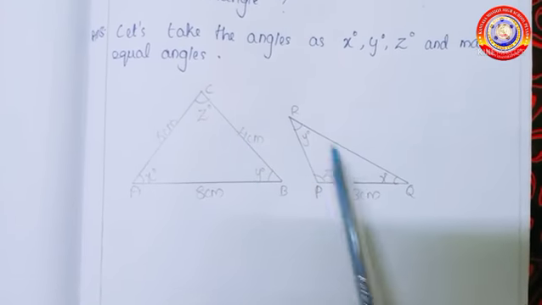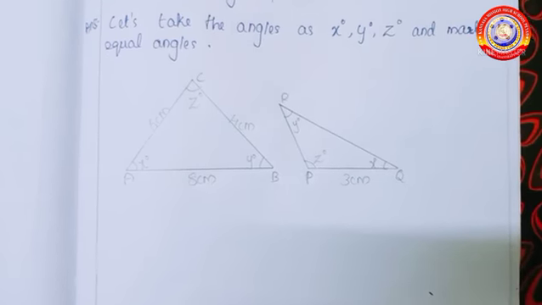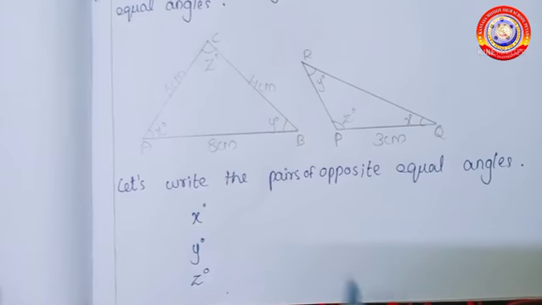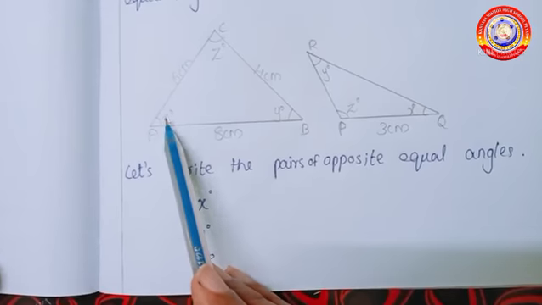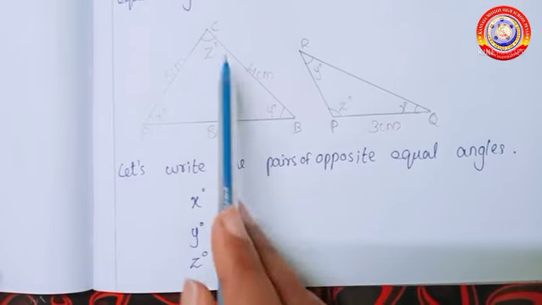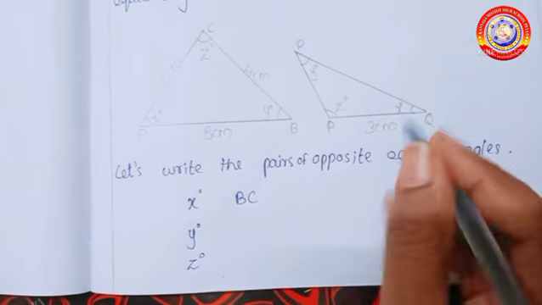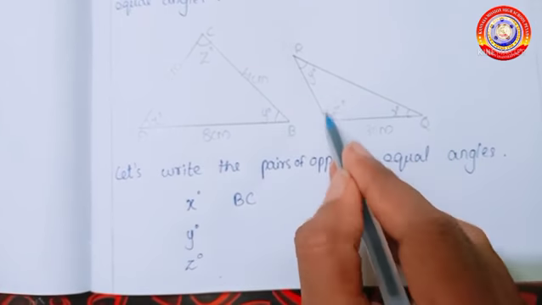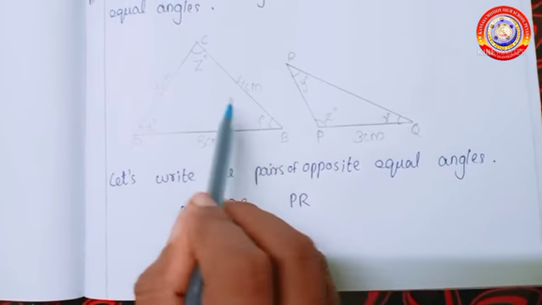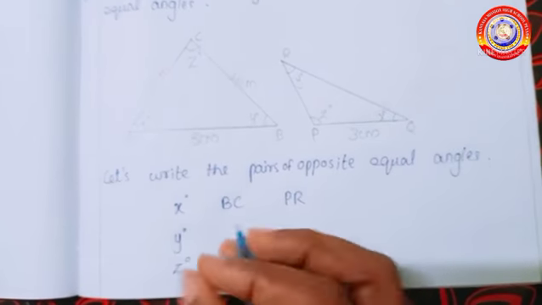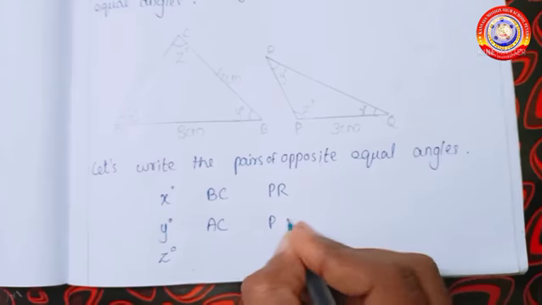Okay, after that, let's write the pairs of opposite sides of equal angles in both the triangles. For x degree angle, the opposite side is BC in the first triangle, and in the second triangle it is PR. Then for y degree angle, the opposite sides are AC and PQ.